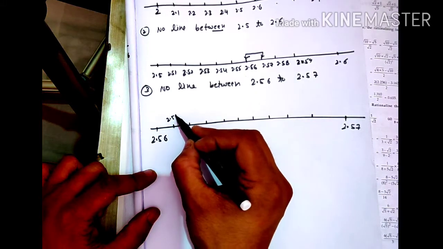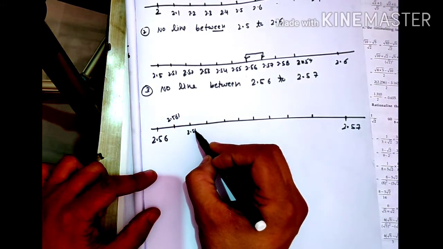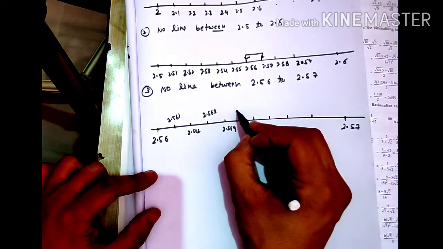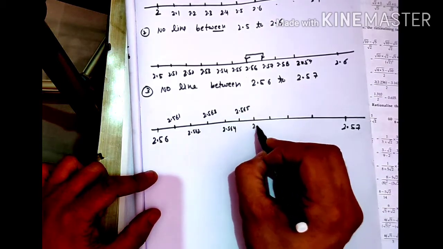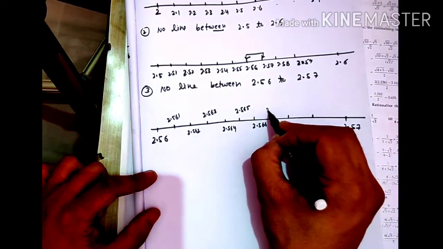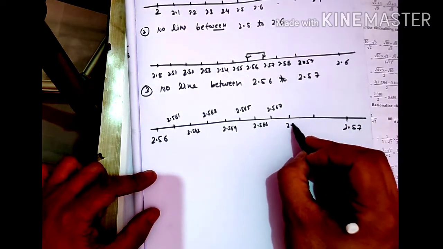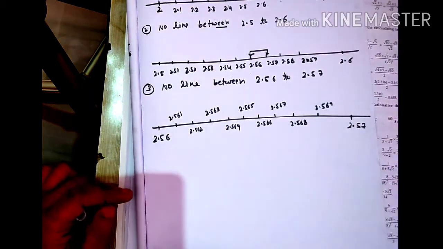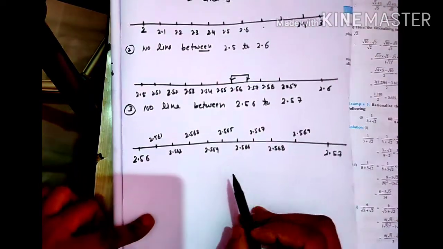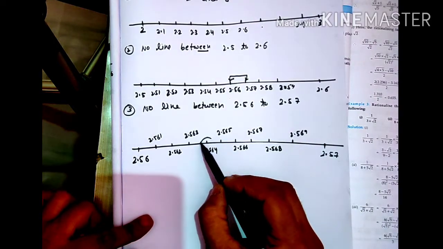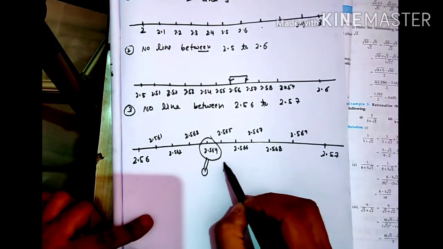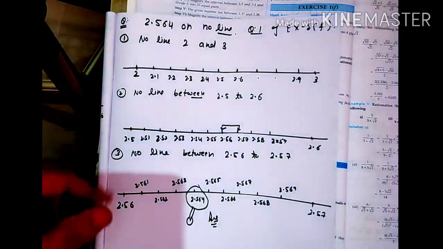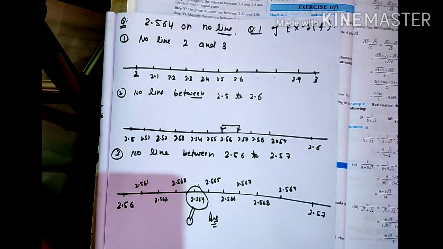This is 2.561, 2.562, 2.563, 2.564, 2.565, 2.566, 2.567, 2.568, 2.569 and then 2.570. My question is 2.564 and this is the 2.564. So this is your answer, 2.564. Check again all the steps and try to do it yourself.